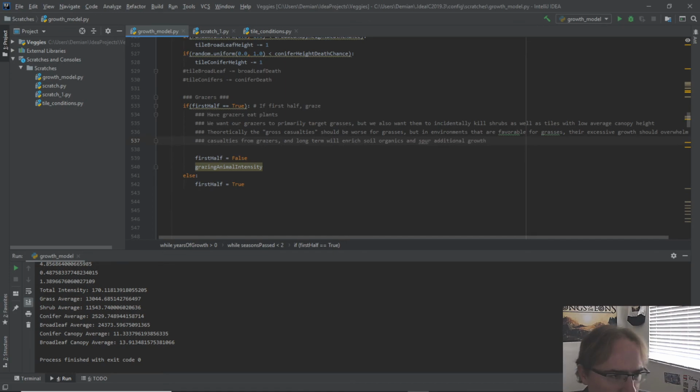So one of the reasons that grasslands have been so awesome for agriculture is because grasses grow very quickly. The rate at which you add organics into the soil corresponds to the rate of growth of plants on the surface. Grasses are the fastest growing plant category here, right? When grasses start to crowd together, their growth will slow down.